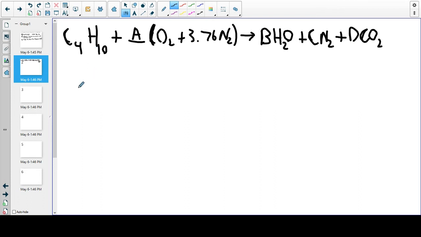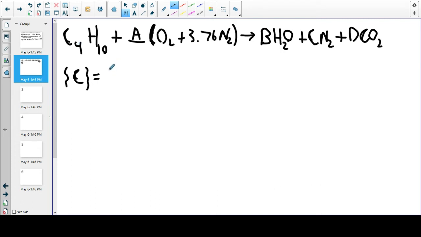So let's start off by doing the carbons. There's a couple ways to actually do this part. You can just find out the total number, or you can solve it sort of like a system of equations. They're the same way, but just however one makes more sense to you. So obviously on this side of the reaction, we have 4 carbons total. As you can see, there's no carbons in the air, and there's only 4 here.